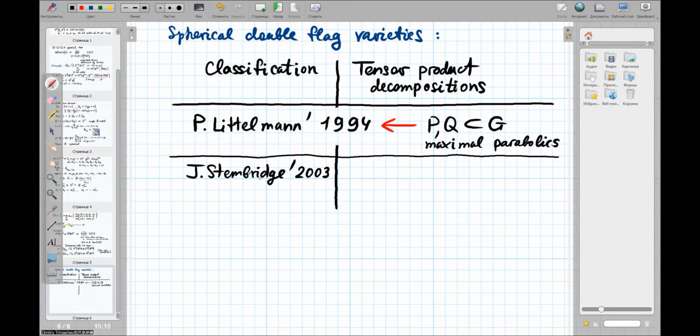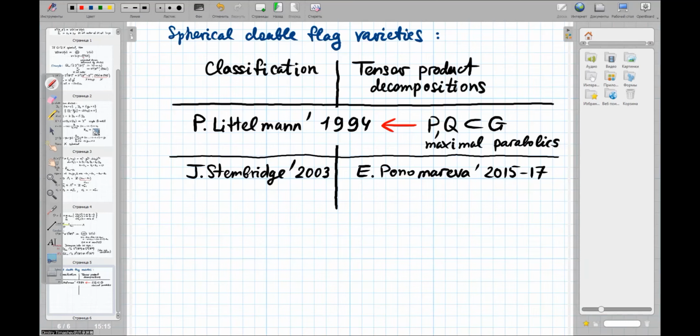And the respective tensor product decompositions, all the respective tensor product decompositions were computed by Ponomaryova in a couple of papers of 2015, 2017, so quite recently.